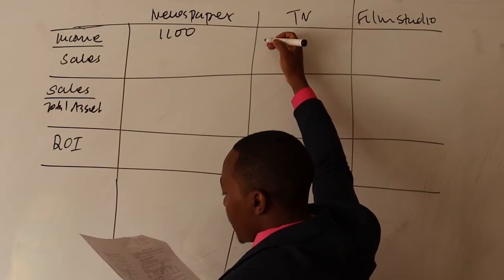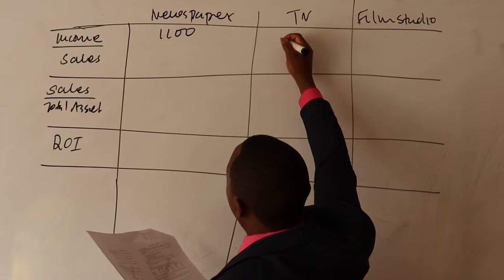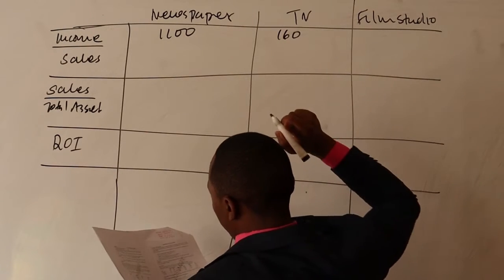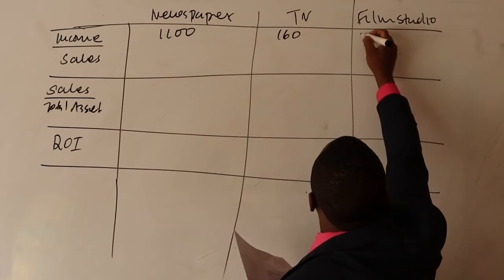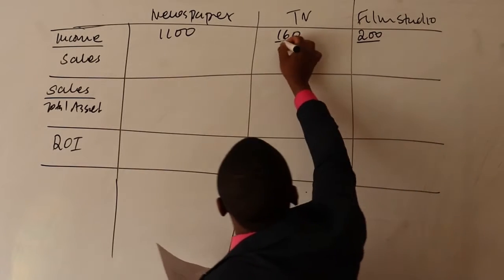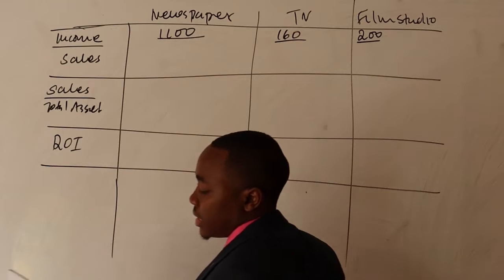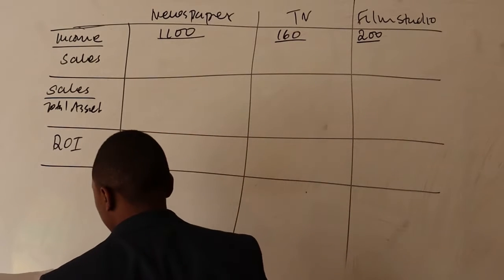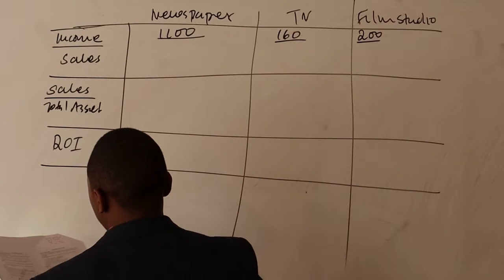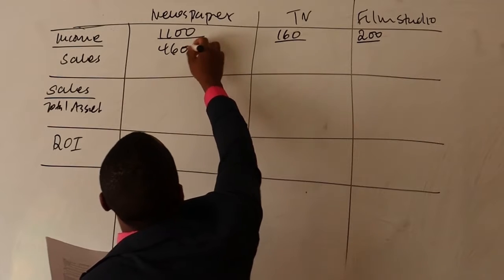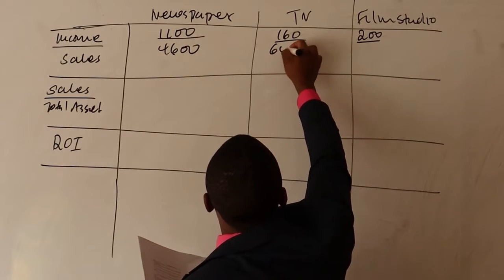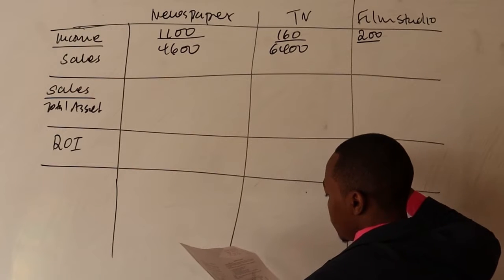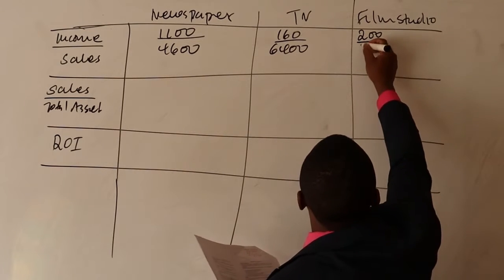For television, operating income was 160. And remember, you are using 2016. The other one was 200 for film studio. And then you divide by sales. Let's go to the revenue for year 2016. For newspaper it was 4600. For television, it was 6400. And film studio was 1650.